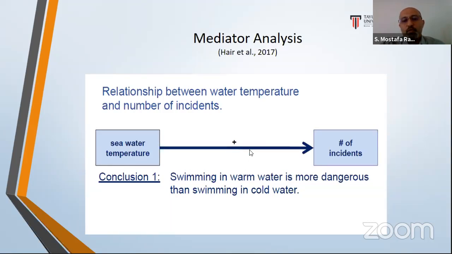Based on previous studies, we know that increasing seawater temperature will increase the number of incidents, and we hypothesize this relationship: seawater temperature increases the number of incidents, right? At first, when we look at this hypothesis, it's not very clear how and why seawater temperature should have a positive effect on the number of incidents, right?